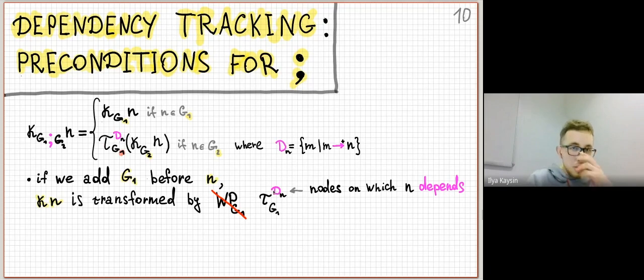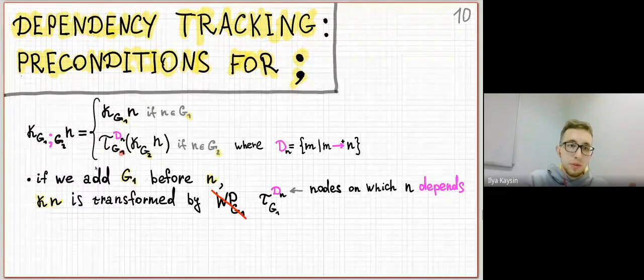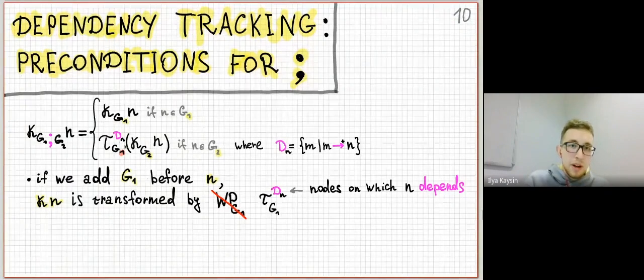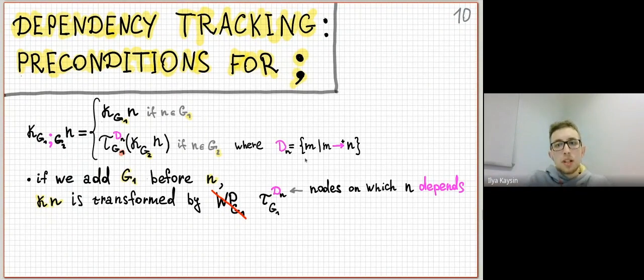So what we do is we take the precondition from graph G2 and transform it by the predicate transformer of graph G1, indexed by the dependent set of n, the set of vertices that n depends on. Right? And this set is defined as the prefix of the dependency relation.